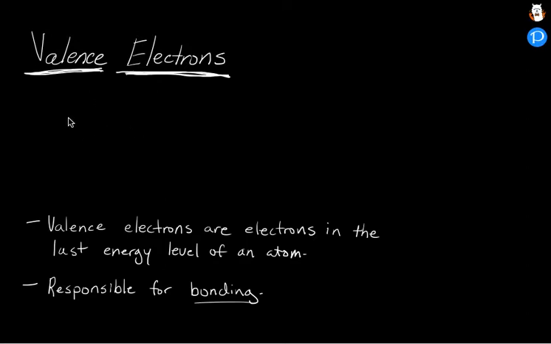So for example, if we wanted to show the electron configuration for sulfur, it would look like this: 1s2, meaning I have two electrons in the 1s orbital, 2s2, two electrons in the 2s orbital, 2p6, 3s2, and 3p4. This would be the electron configuration for sulfur.